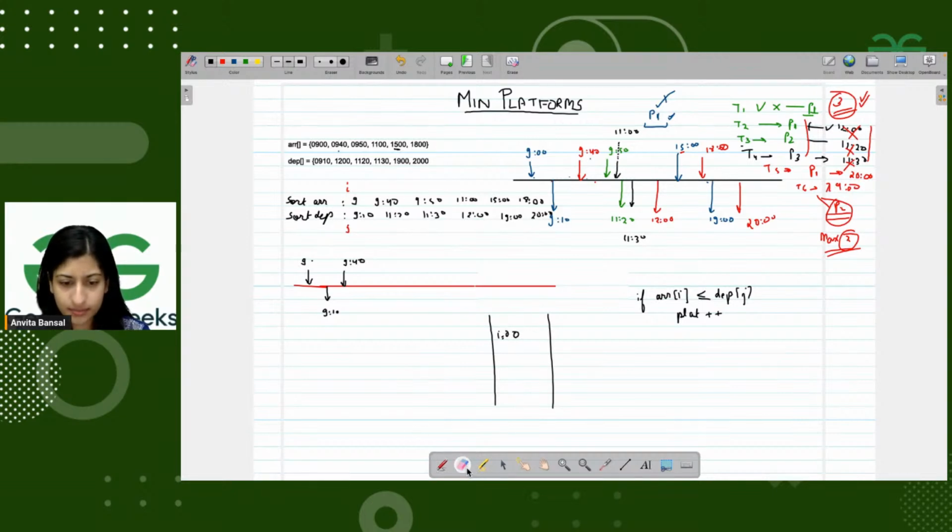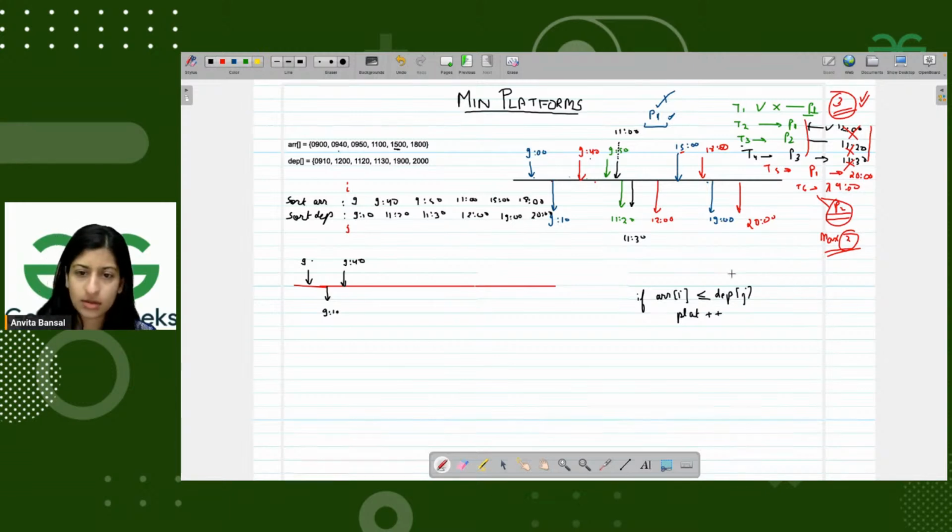So here I'm writing the usage of platform at this index. When I was 0, then platform was 0. One second. Let me write it here. Let's have a look. When I was 0, this is the number of platforms.